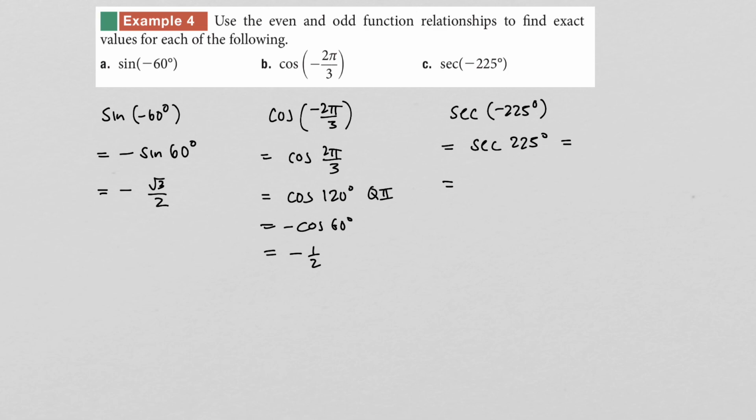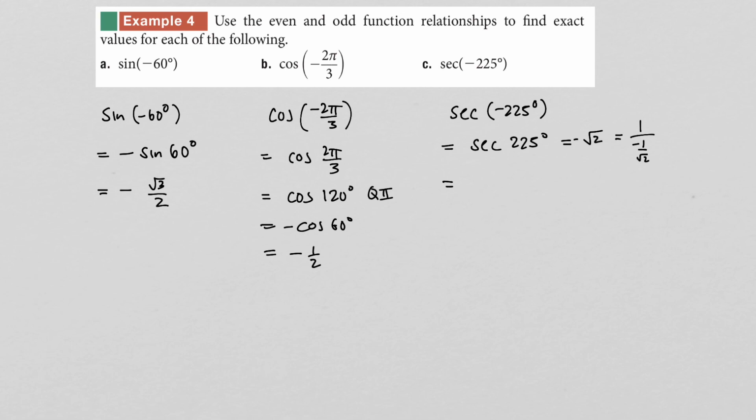And if you look at the unit circle, you will see that this value is negative radical 2, right? And the way you get that is you do positive 1 over the x coordinate, which is negative 1 over radical 2, okay? So that's from the unit circle, which I don't have on this page, okay?